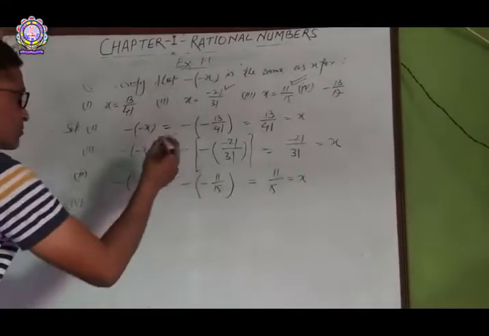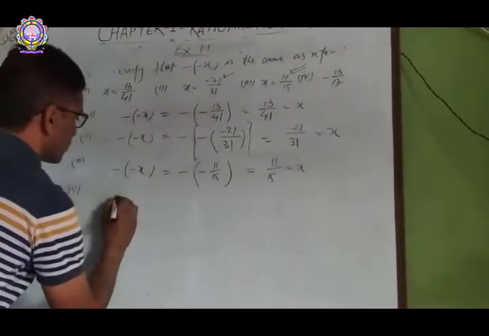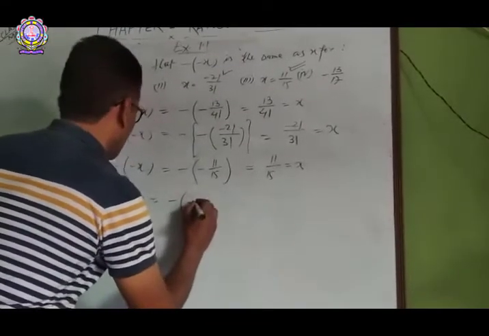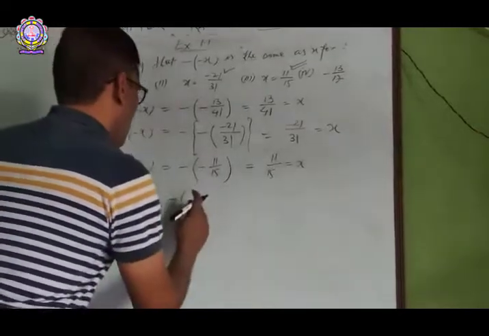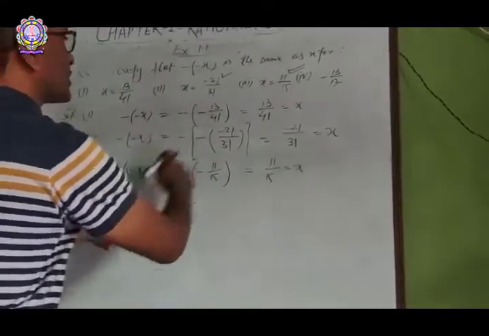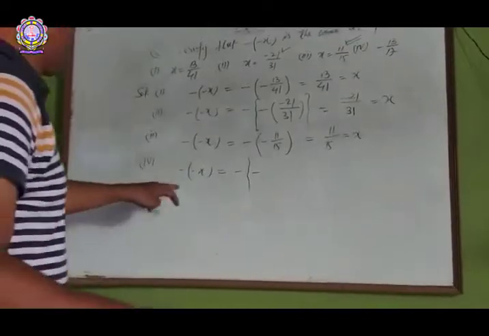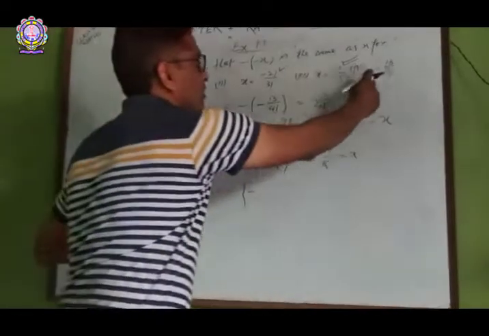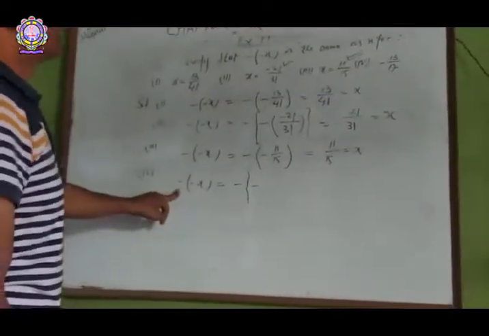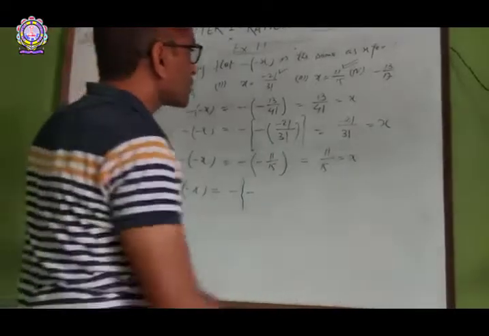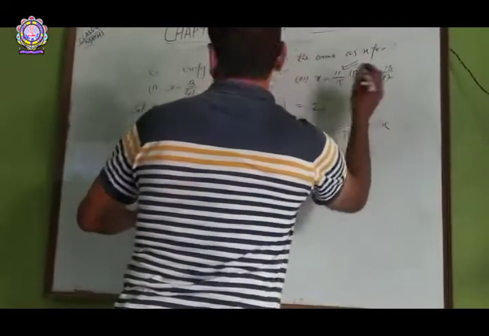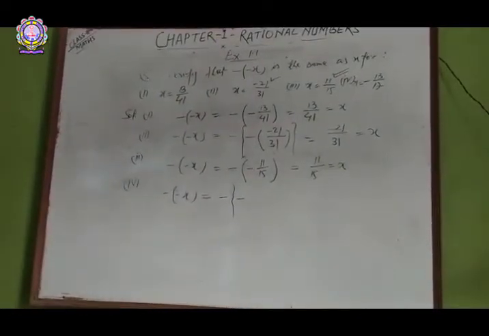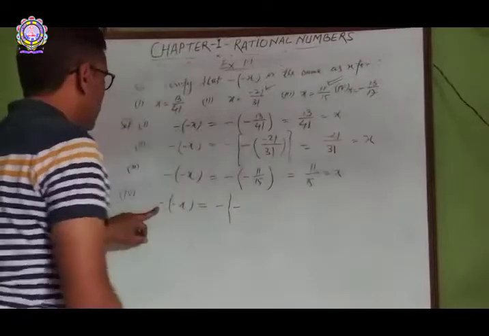Now solve question number fourth part. Minus of minus x is equal to this minus and value of x. Now come to the solution of fourth part. Fourth part here is minus of 13 upon 70. X is equal to minus 13 upon 70. Here we have to solve this expression.